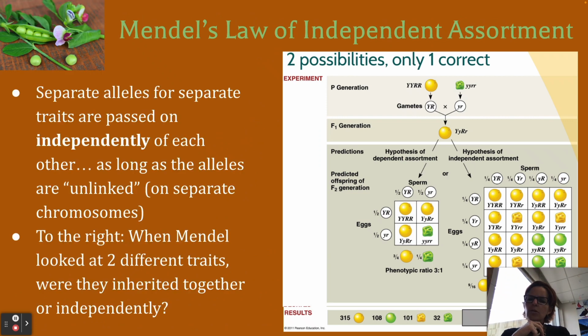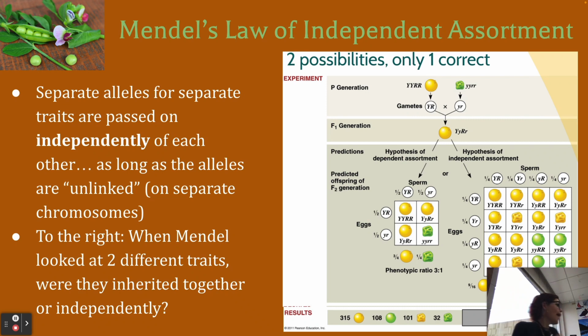And then Mendel's law of independent assortment. Separate alleles for separate traits are passed on independently of each other. You don't need to memorize this necessarily, but as long as the alleles are unlinked. So what they're saying is that chromosome A and chromosome B get passed on separately.